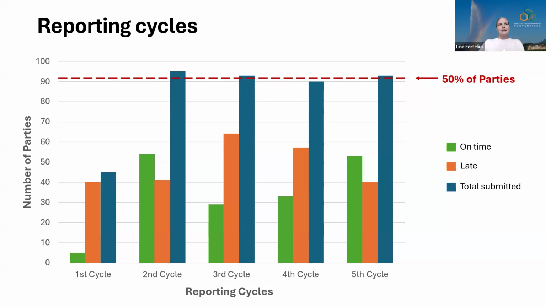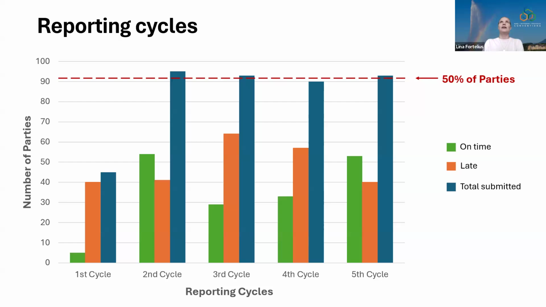You can see that in the 2nd cycle and the 5th cycle, more parties reported on time. And I'm really hoping that with this webinar and with the guidance that we have on our website, countries may try to report before the deadline, 31st August, as the data that is reported in the national reports are then used in many documents that will be submitted to the COPs.